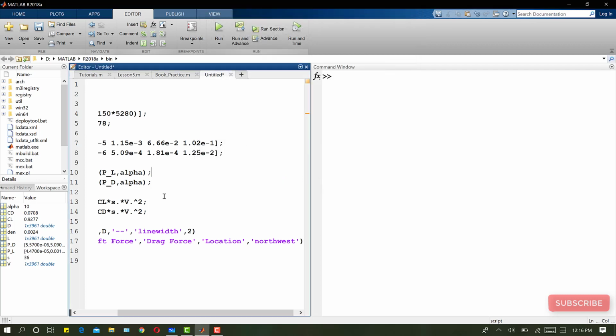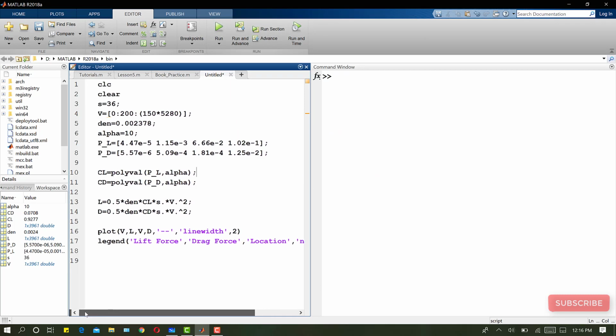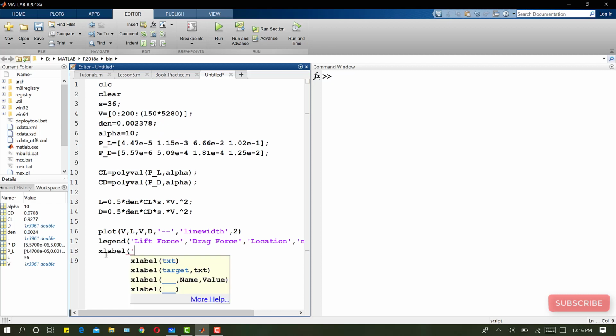And now let me write labels as well. So X label is air speed in feet per second, let's suppose. And then I will write Y label.